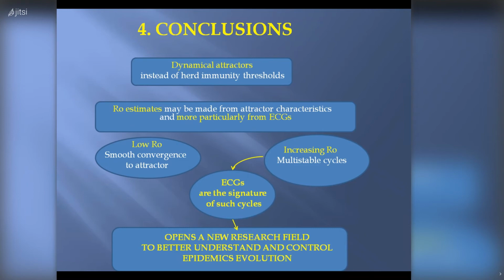For low R0 values, you have smooth convergence to the attractor. This was the case for Japan. Increasing R0 leads to multi-stable cycles, and ECGs are the signature of all these different cycles. And then these findings open a new research field to better understand and control epidemics evolution.